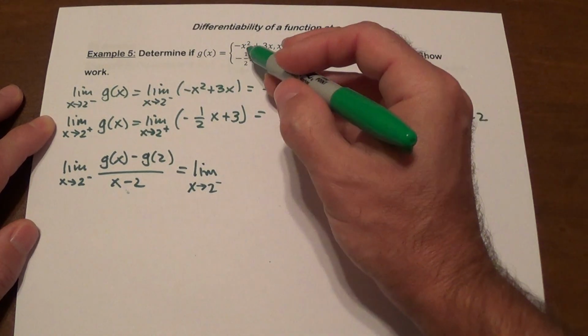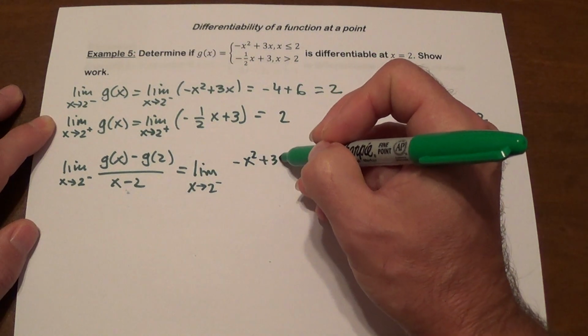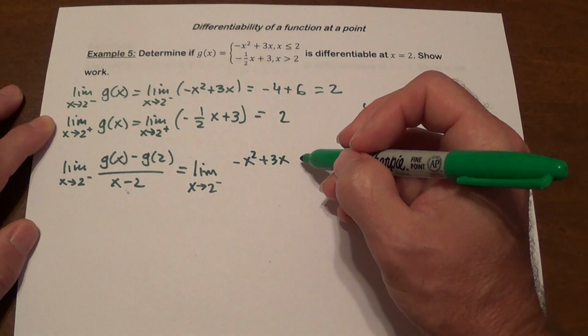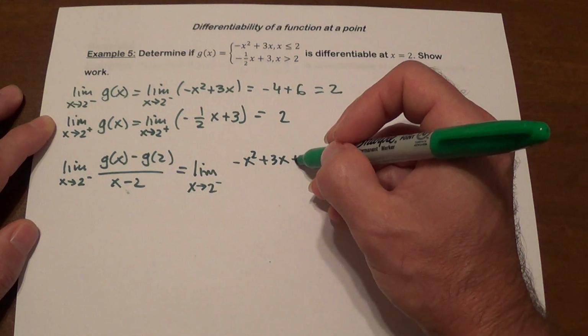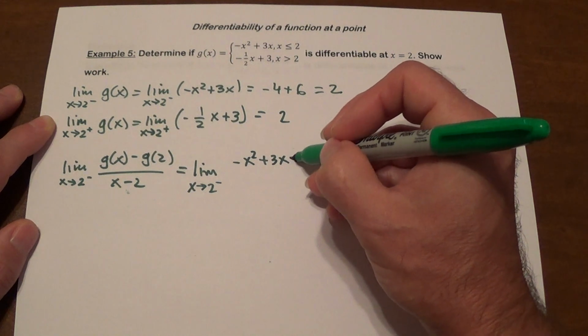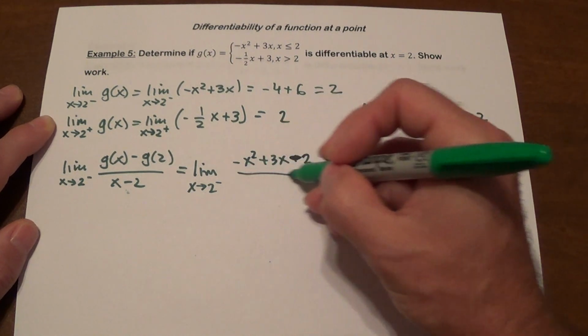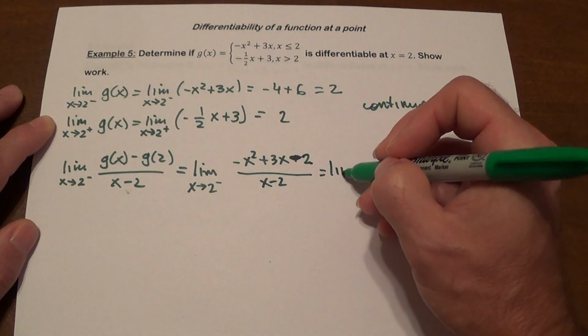Alright, that's the limit as x approaches 2 from the left. So on the left is the first function, so it's going to be negative x squared plus 3x, and then we know that g of 2 is actually 2, so plus 2. My bad, it's minus 2 over x minus 2. I can take care of this negative sign.